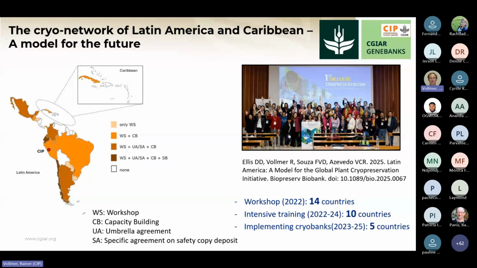Based on this, we moved forward, and in 2022 we had a big workshop in Latin America, with the participation of 14 countries, and 10 of these 14 countries received an intensive 2-week training on cryopreservation, going through the whole process, and 5 of them have already started to implement their cryo programs.